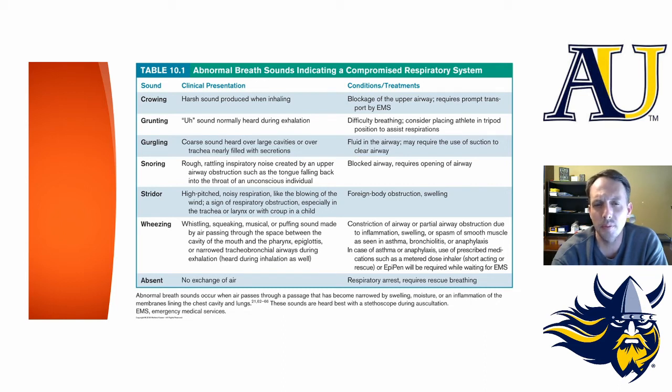Now, the abnormal breath sound is associated with different types of conditions, but really at our skill level at this point, without more advanced training, it doesn't really matter what type we're seeing, because we're going to treat all respiratory distress similarly based on their degree.